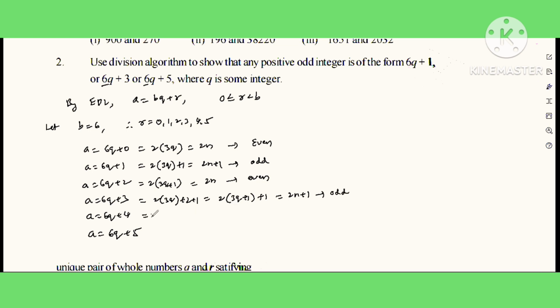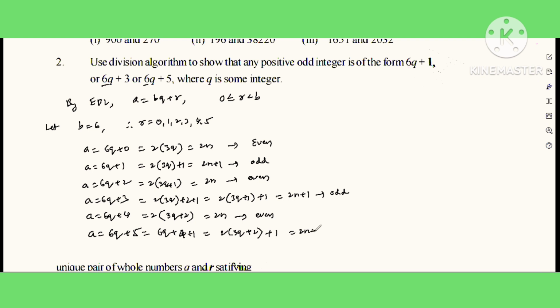So here we can write 2 into 3q plus 2. That is 2n. That is what? Even. And this is 6q plus 5, here we write 6q plus 4 plus 1. Now we get 2 common: 2 into 3q plus 2, plus 1.